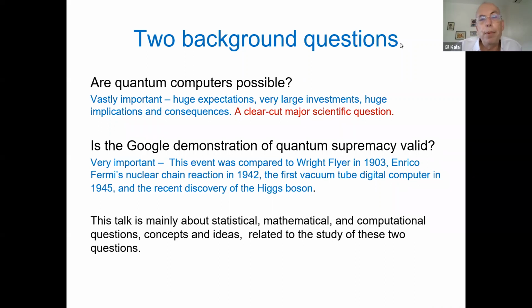This talk is mainly about statistical, mathematical, and computational questions, concepts, and ideas related to the study of these two questions. So I will mention several mathematical snapshots. I don't always aim at the most significant bits, namely at this particular question, but at some things that are derived from the study of these questions.